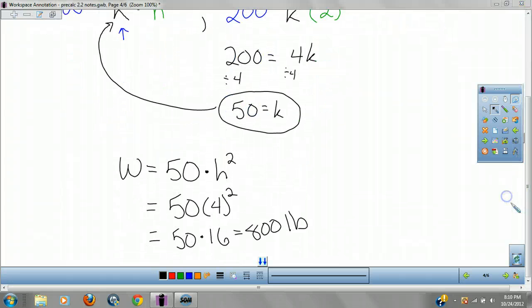Okay? So again, first thing you do is you plug in what you know, solve for that k, put it back into the equation, plug in your new variable, bada boom, bada bing, you have your answer. Okay?